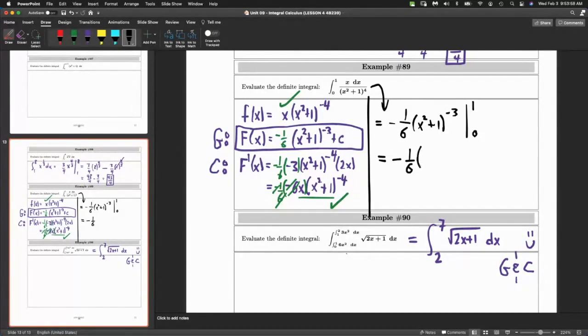If you put in 1, you're going to get 2 to the -3. And if you put in 0, you're going to get 1 to the -3.